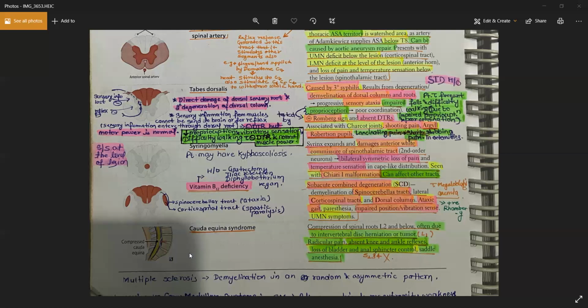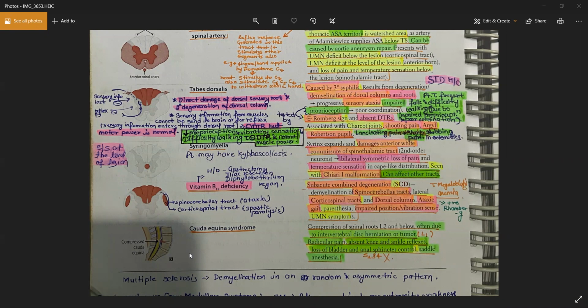Now you have multiple sclerosis, in which you are having a demyelination randomly, right? It is not in a specific order, just like my ALS. Remember? In my ALS, I'm also having a kind of random demyelination. In my multiple sclerosis, I'm having a random demyelination, and asymmetric also. So how can you differentiate between multiple sclerosis and ALS?